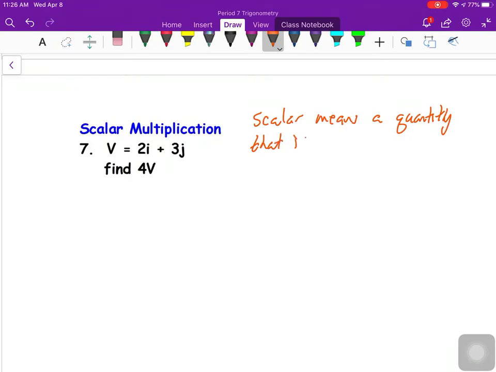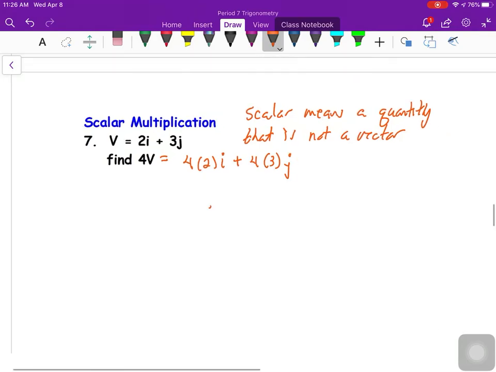Scalar multiple. Scalar means a quantity that is not a vector. So to multiply by a scalar, we multiply each component by the scalar.